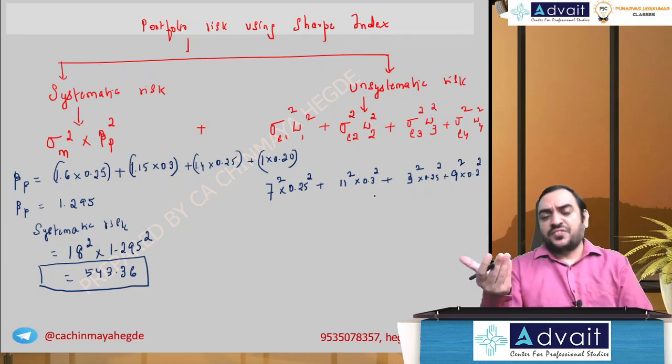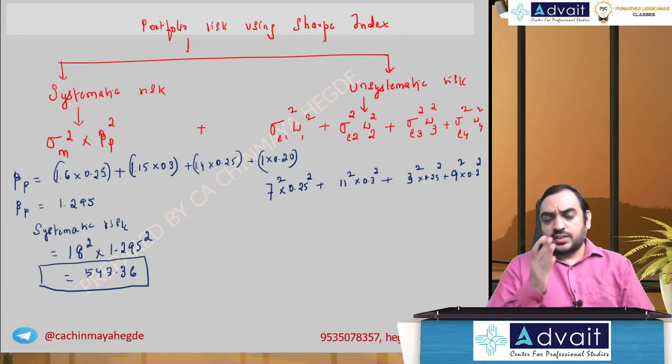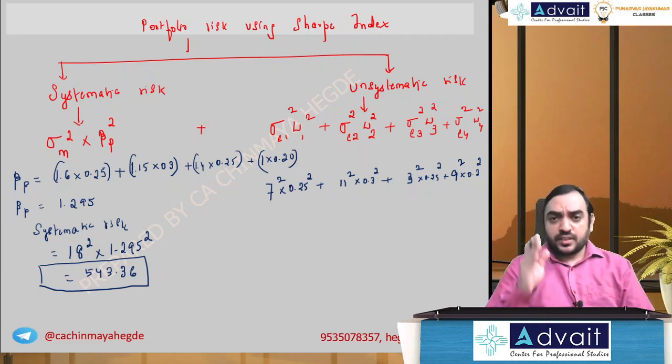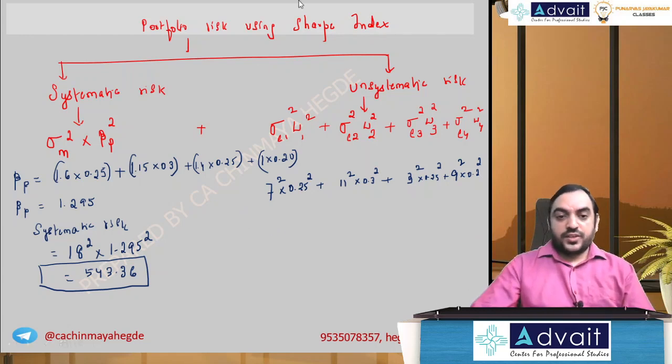Again, M plus, MRC function. 7 square, 7 into 7 into 0.25 into 0.25 equal to M plus. 11 into 11 into 0.3 into 0.3 equal to M plus. 3 into 3 into 0.25 into 0.25 equal to M plus. 9 into 9 into 0.2 into 0.2 equal to M plus, MRC. How much do you get when you calculate?